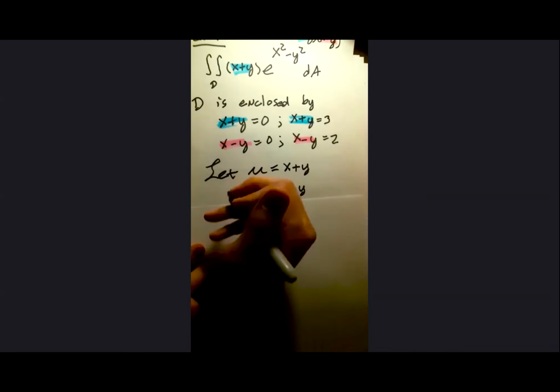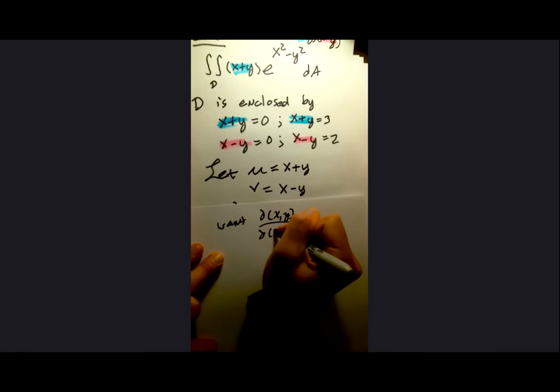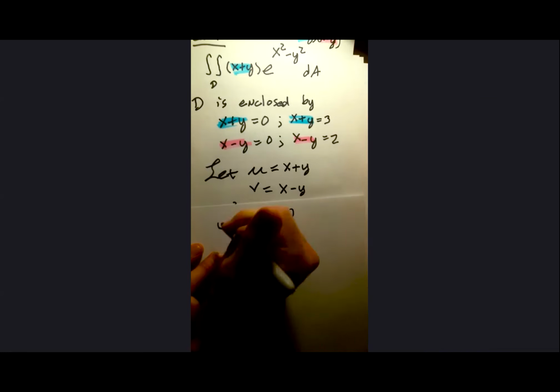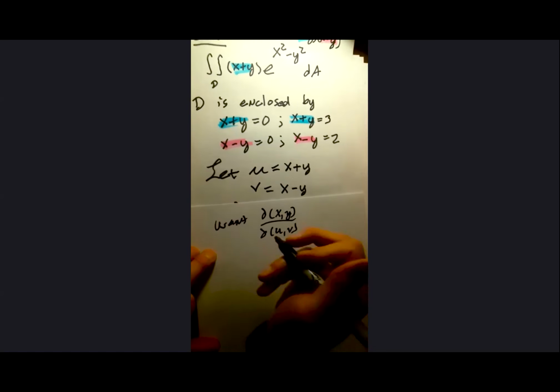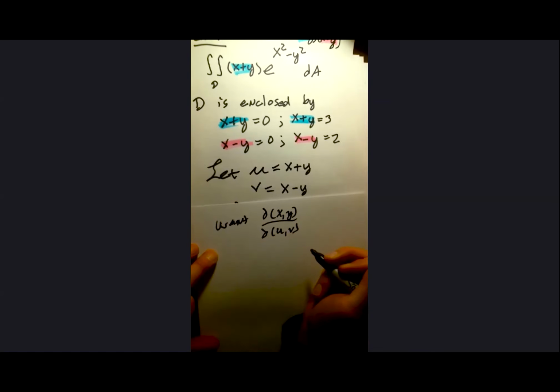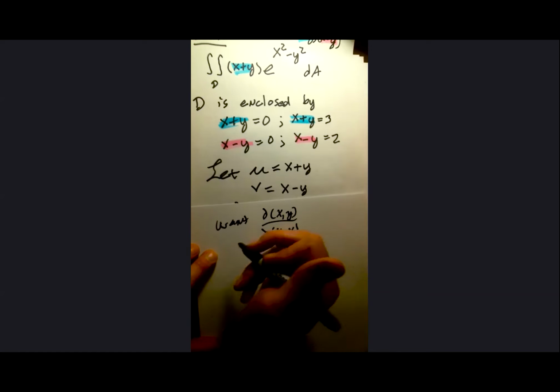If we want to find that scaling factor, what we want is the Jacobian of xy, our old world, with respect to where we're going, uv. But that would be a little bit of a pain to find, so let's not work quite that hard.